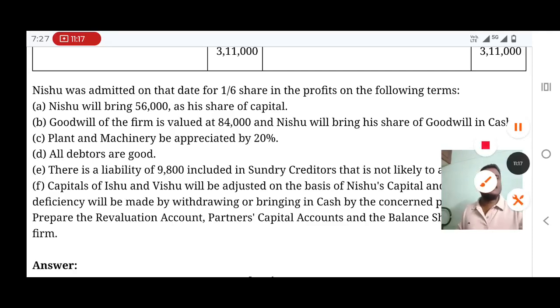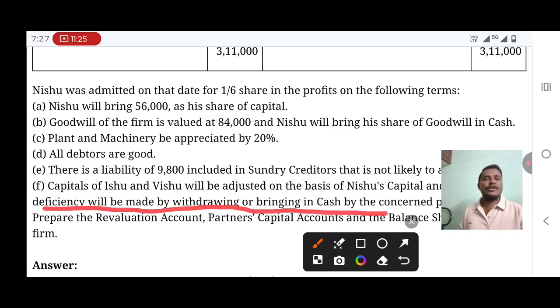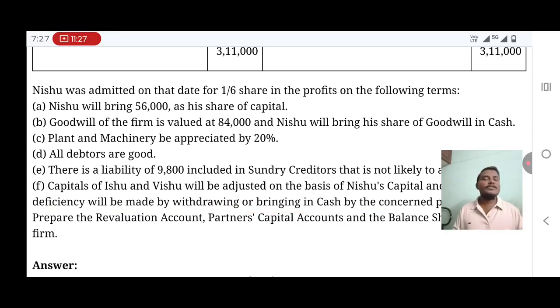That is what this point is asking you. Any deficiency will be made up by withdrawing or bringing in cash. So for that only we are doing that point. So if the new capital is higher, the difference between the adjusted capital and new capital should be shown on the credit side of the capital account, recording it as by cash account, the difference amount for that partner.